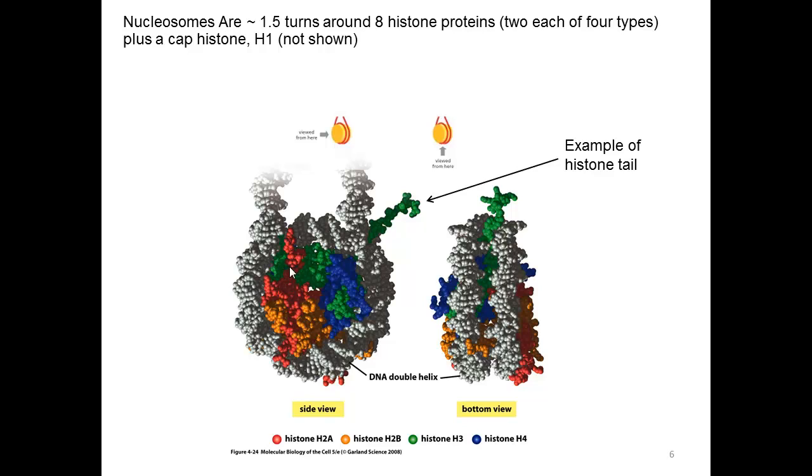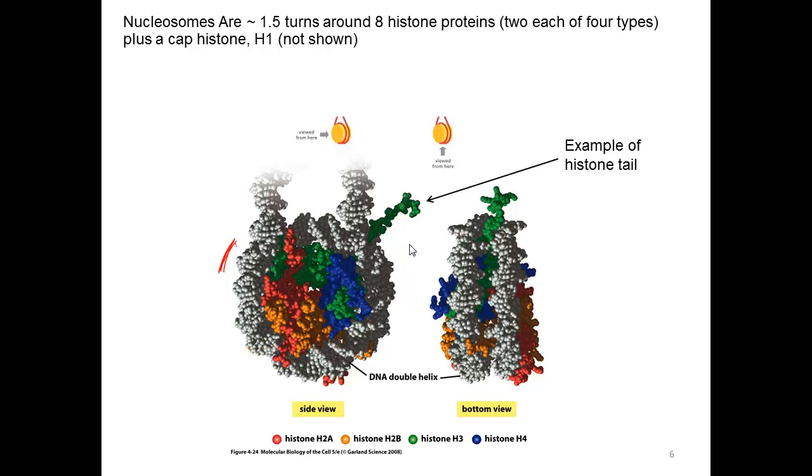The protein core is made up of about 4 different histone proteins, colored in green, blue, red, and orange. And there's 2 copies of each, so there's actually 8 protein subunits on the inside of a protein core. A 5th histone protein, H1, binds to the outside of the nucleosome, but it is not shown in this picture.